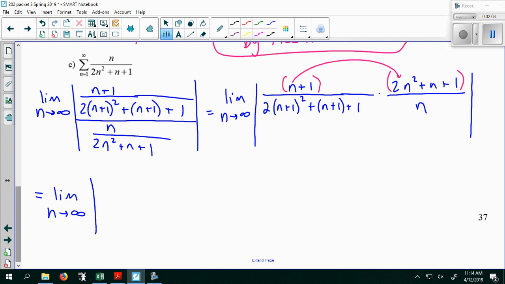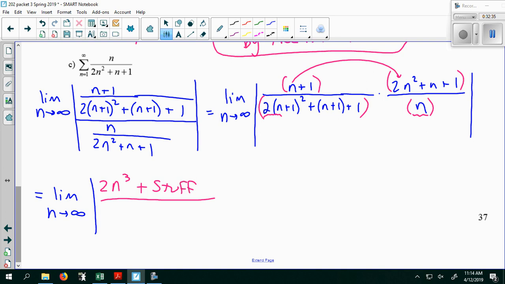So my numerator is going to be 2n cubed plus some stuff, smaller powers of n. Okay, my denominator, if I have all this multiplied by n, what will my leading term be when I multiply this all out? Again, 2n cubed, yeah. So this is going to give me a 2n squared right here.